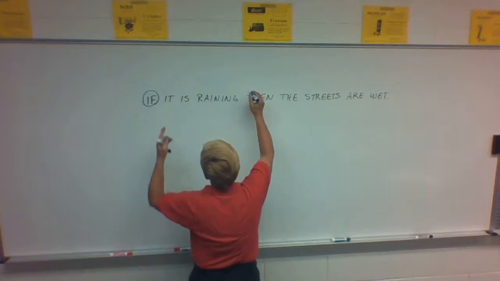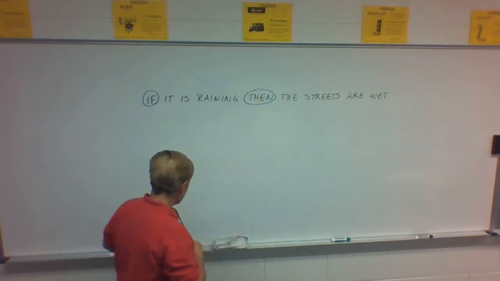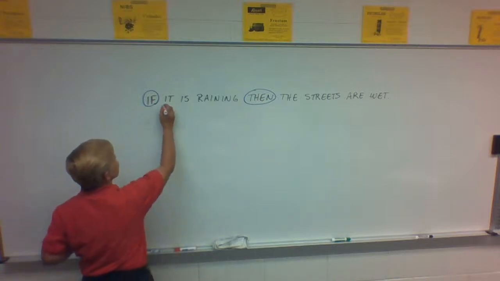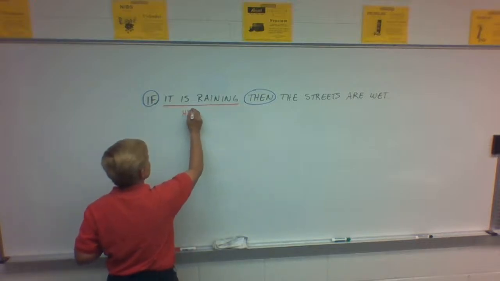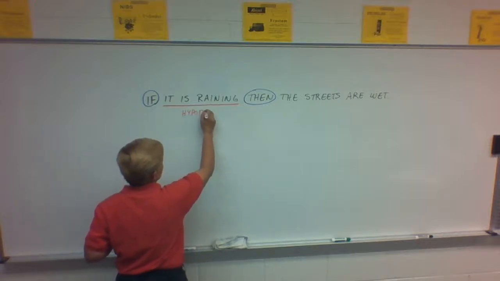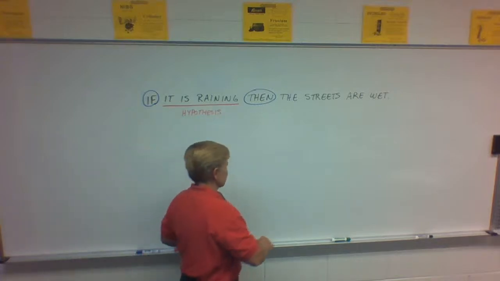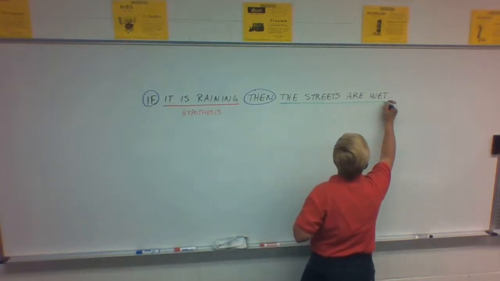If there is an if, then it's followed by a then somewhere along the way. All of this stuff between here and there is called the hypothesis, and everything behind the word then is called the conclusion.